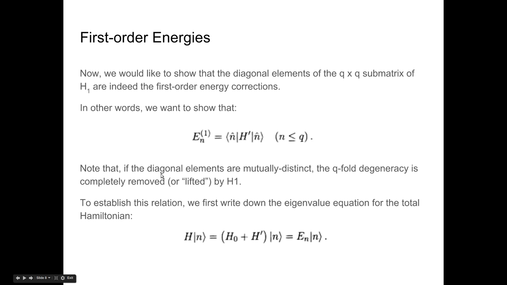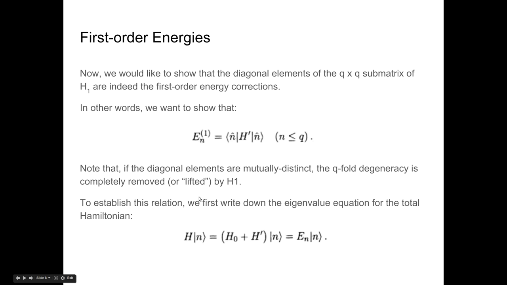And if we find that these diagonal elements are all mutually distinct, in other words, there are Q of them and they're all different, then we would say that the Q-fold degeneracy is completely removed, or lifted, by this perturbation Hamiltonian. Okay, so let's try to establish this.